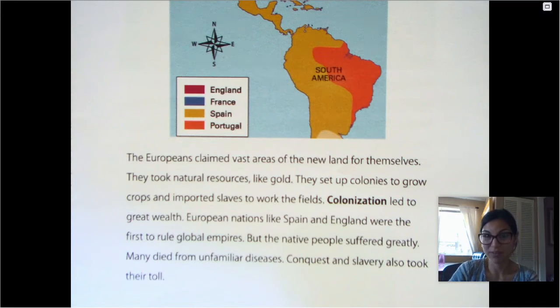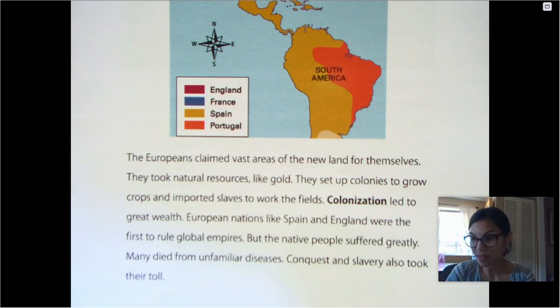And slaves didn't get paid and people owned them, like how you own your toy or your game or your backpack. So slaves didn't have any rights and they couldn't make the choice to leave or do something else. So slavery was another reason why there were issues with colonization.